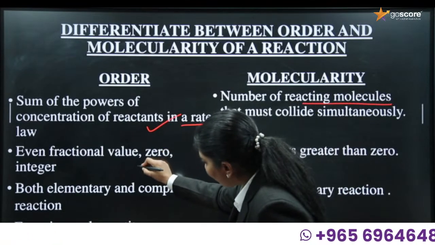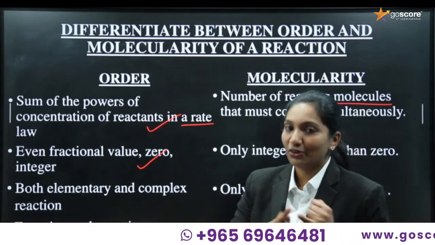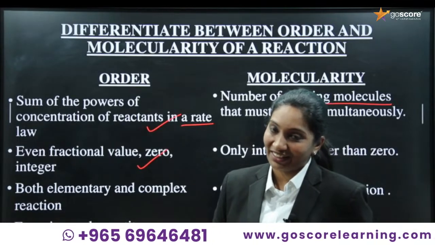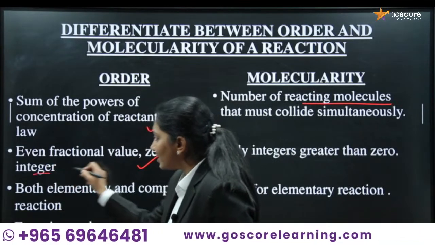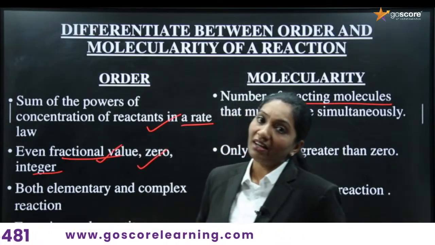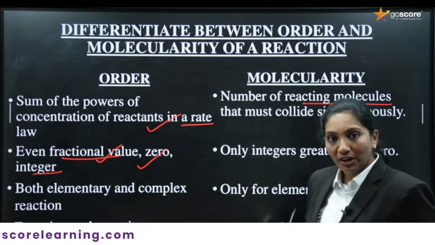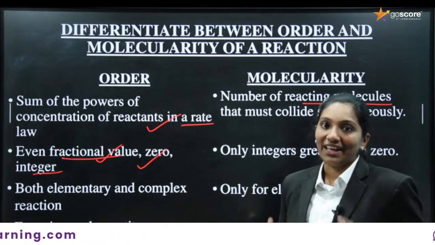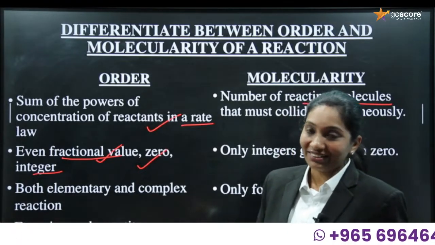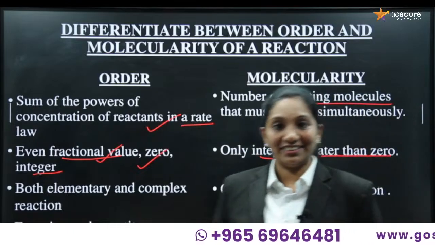I have already mentioned that the order of reaction can have the value 0. Zero order means the reaction rate is independent of the concentration of reactant. It can have integer values and fractional values. Fractional values mainly come for complex reactions. Whereas, can molecularity be 0? That would mean there are no molecules, so would the reaction proceed? No, right? So the molecularity will always be greater than 0.